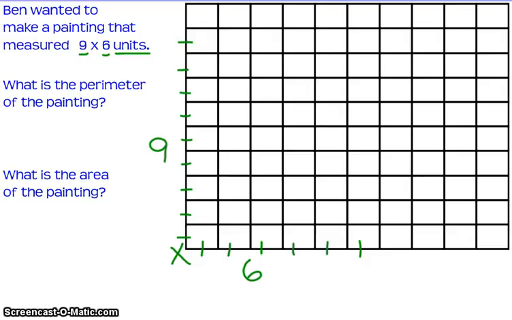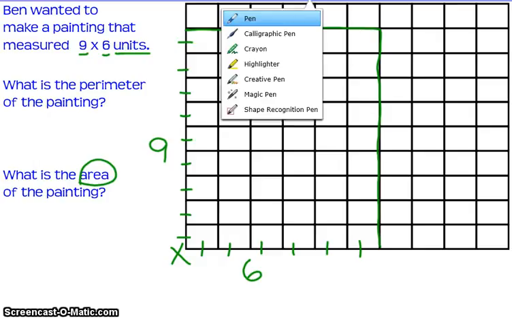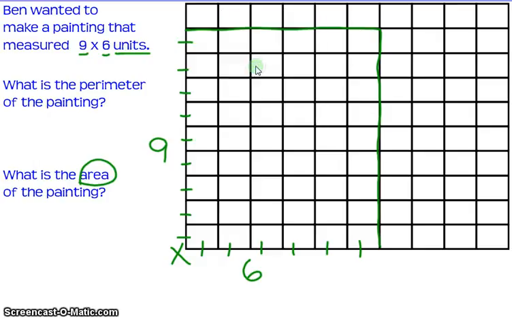We're only going 2D. So I'm going to first of all look at what is the area. How much room does this cover? So if I take this and I go all the way from this 6, and I go all the way up to where the 9 counted off, and we'll just take a highlighter and shade that in so we can still see through it.